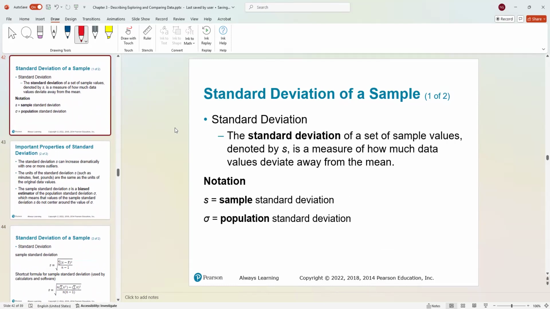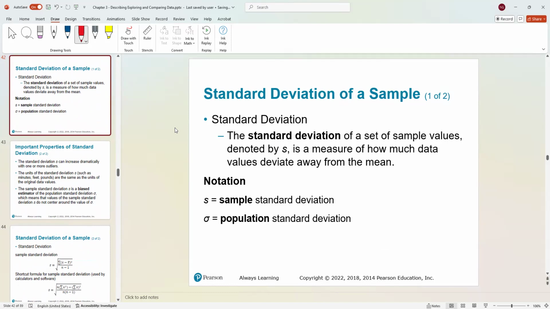So we said for the standard deviation, the standard deviation of a set of sample values is denoted by S. Remember, as a measure of variation, one disadvantage with the variance is that its units are different from those of the data set.